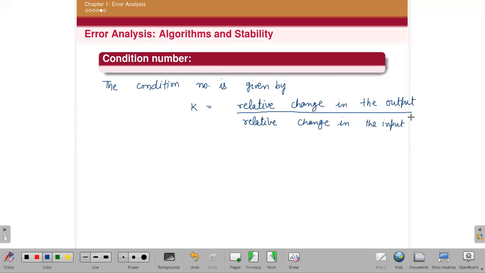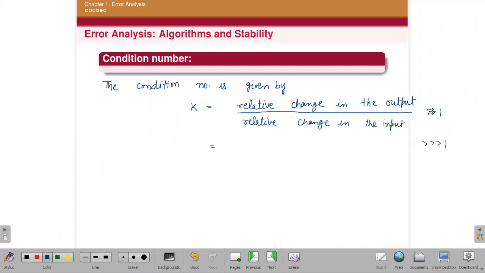And if I want that my criteria should follow, then obviously I will take this ratio should be near about 1. If I say it is less than 1 or near about 1, then I will say the condition number will satisfy that criteria. And if it is far greater than 1, means if I am doing a small change in the input that produces a large change in the output, that is a greater than or equal to 1 situation, means far away from 1, so that will not follow the criteria.